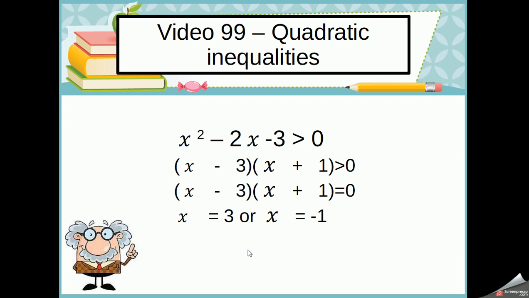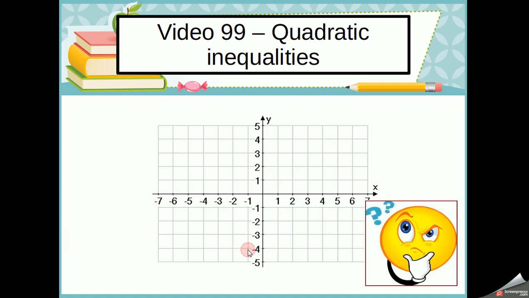Well, how I'm going to show you that is, first of all, we're going to plot it on a graph, or at least sketch it, to have a look at how the quadratic function behaves. Here we've got a Cartesian graph. We've already had a look at how we plot linear graphs, but we're going to look at a sketched quadratic graph.